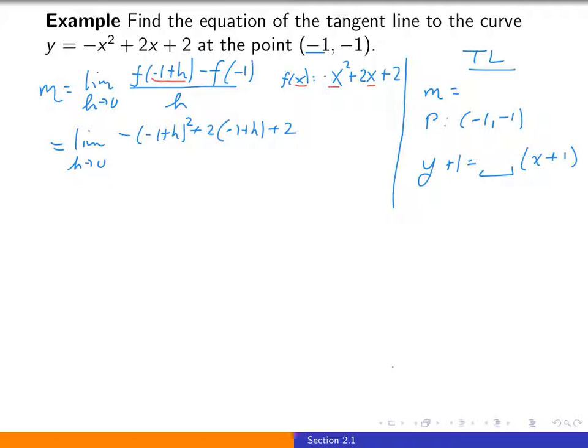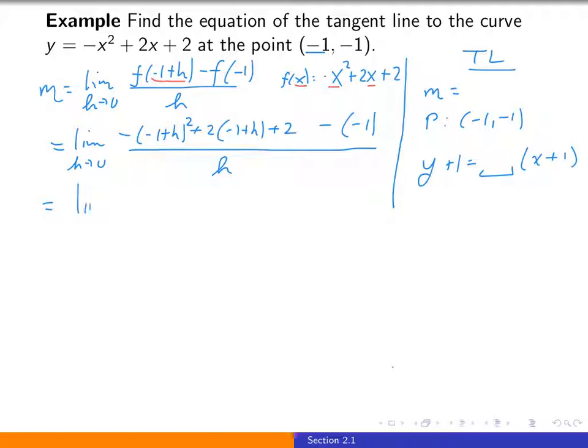And then we are subtracting away f of minus 1, which is the number minus 1, and we are dividing everything by the h, which is present. So once again, we're in the position where we would love to plug in h equals 0, but unfortunately it's undefined. So what we need to do is algebraically expand.